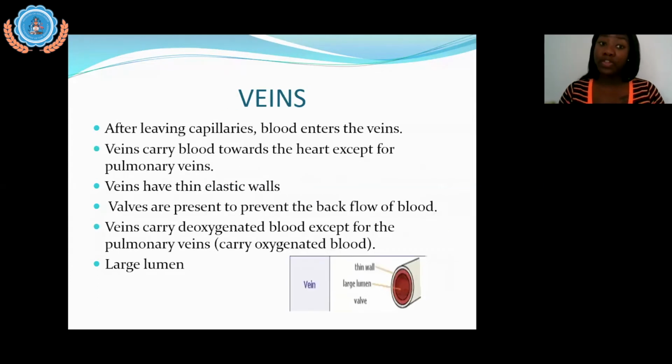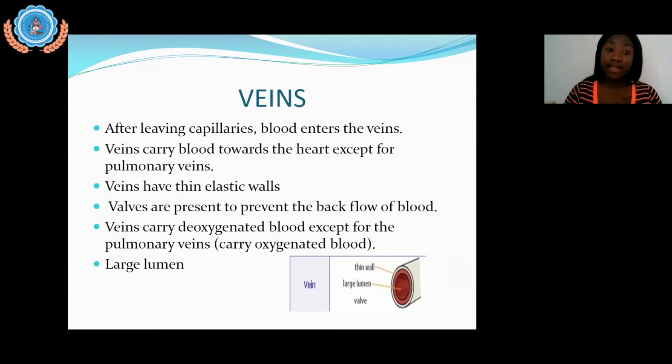The second one we will talk about is veins. After leaving capillaries, blood enters veins. Veins carry blood towards the heart, except for pulmonary veins. Veins have thin elastic walls, unlike arteries, which have thick elastic walls.